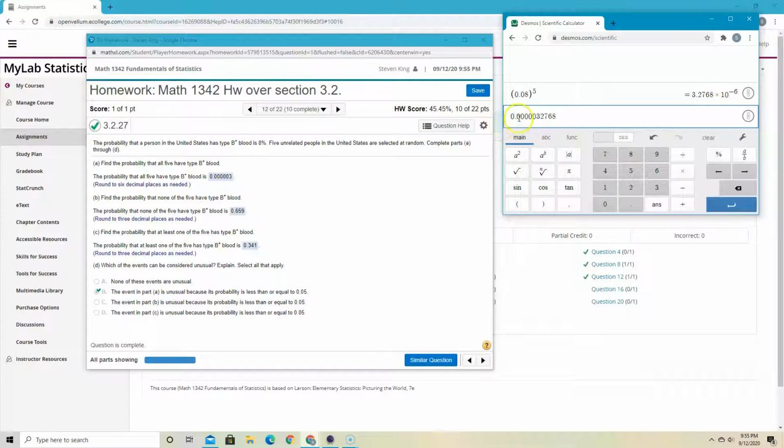So 0.1, 2, 3, 4, 5, 6. So the 5 zeros and then the 3. The next digit after the 3 is a 2, so you leave this a 3. So it's 0.5 zeros and then a 3, which is incredibly small.